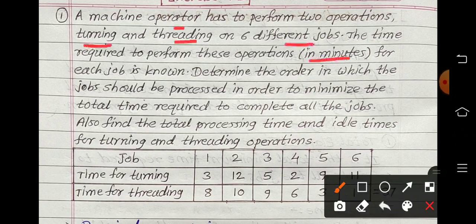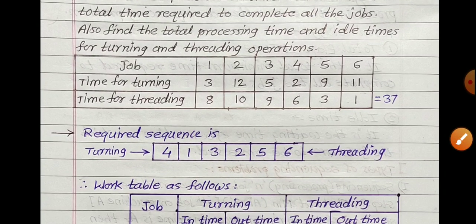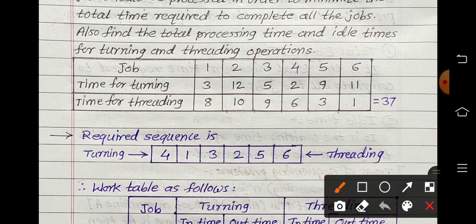Determine the order in which the jobs should be processed in order to minimize the total time required to complete all the jobs. Also find the total processing time and idle times for both machines, that is, for the turning and threading operations. Data is given in the table, jobs 1 to 6, and the times for turning and threading.